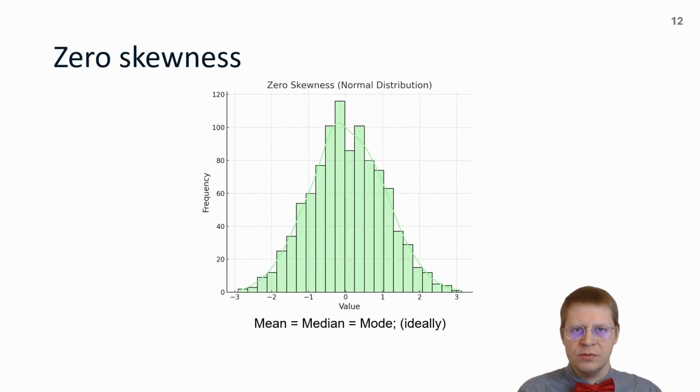So, in an ideal scenario, a dataset exhibits zero skewness, meaning that the mean, median, and mode are all equal. This condition is characteristic of a perfectly symmetrical distribution, often approximated by the normal distribution.